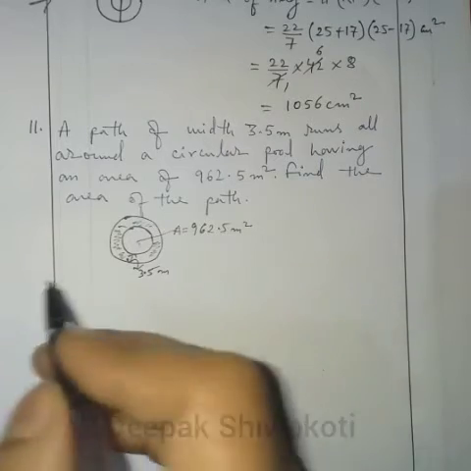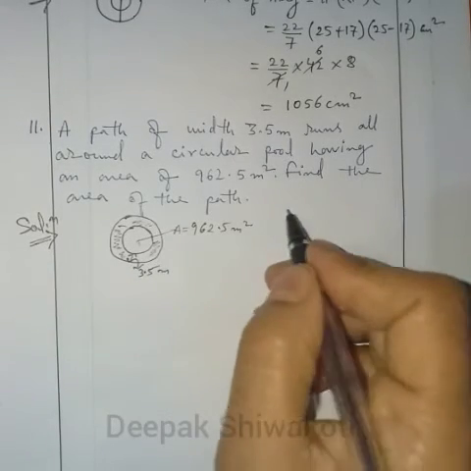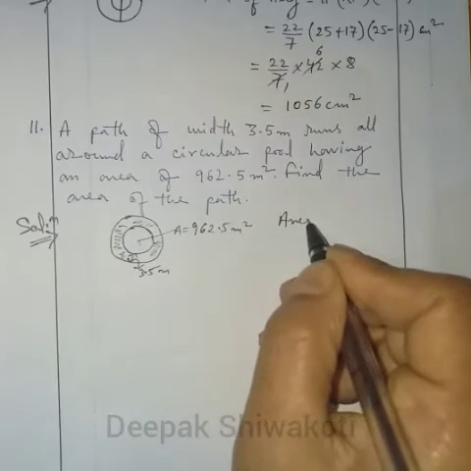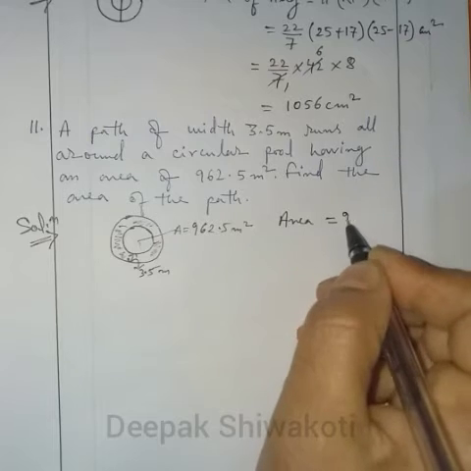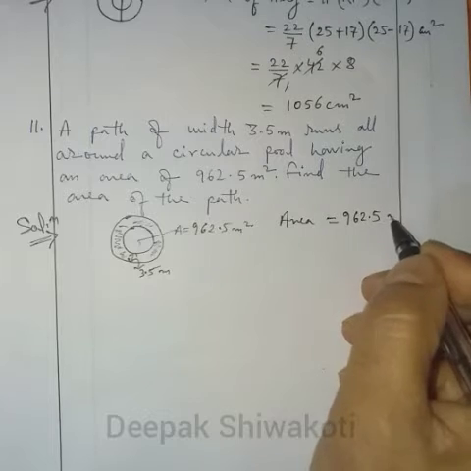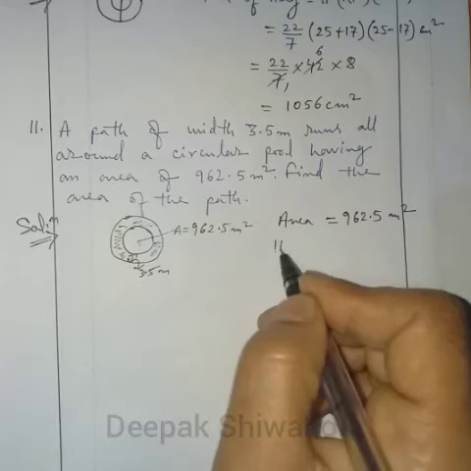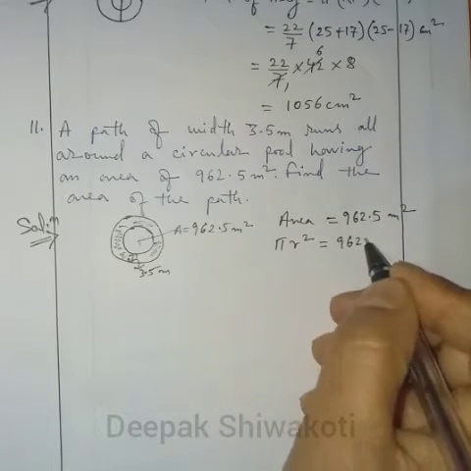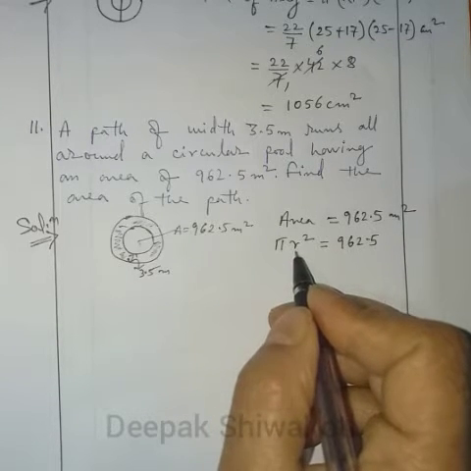So solution. The area of that circular pool is given as 962.5 meter square. Now area is pi r square, so we are going to find the radius of this circular pool, that is r.